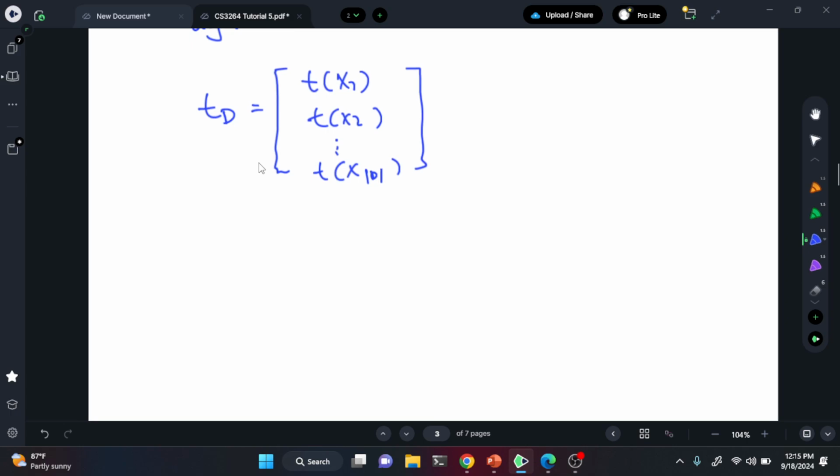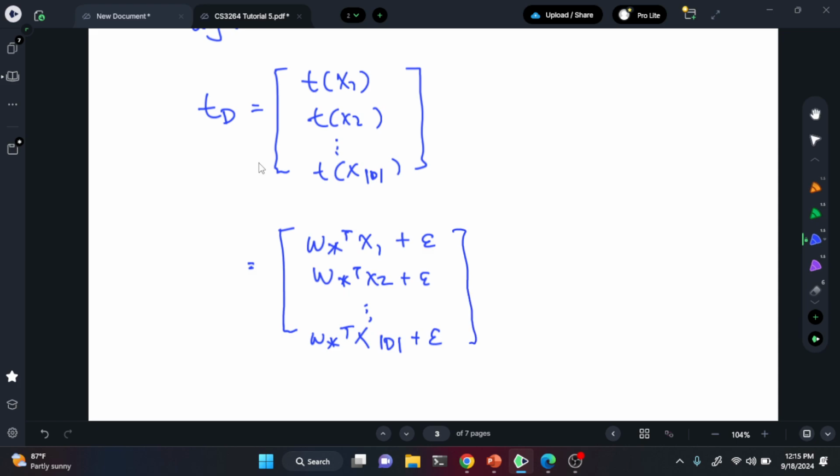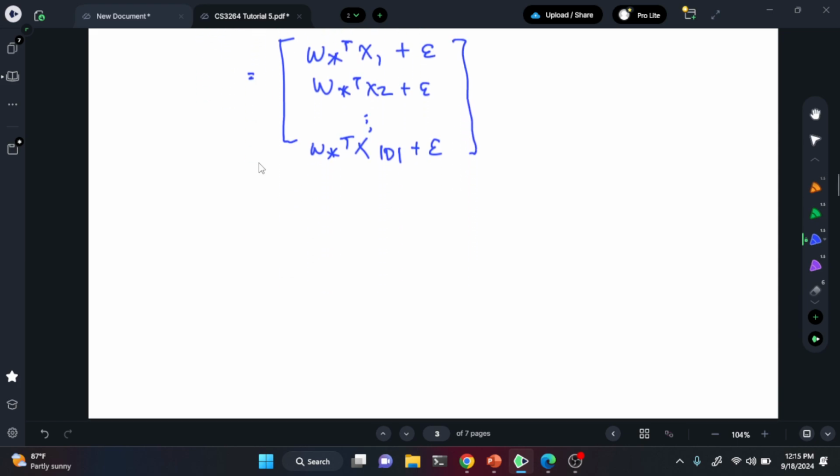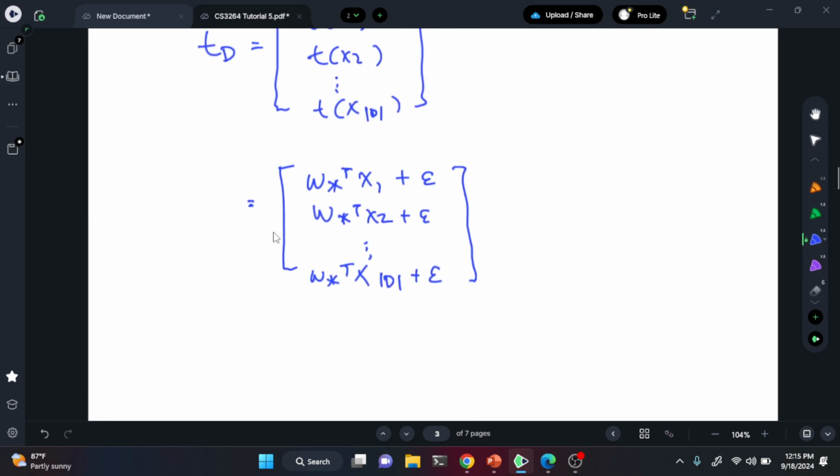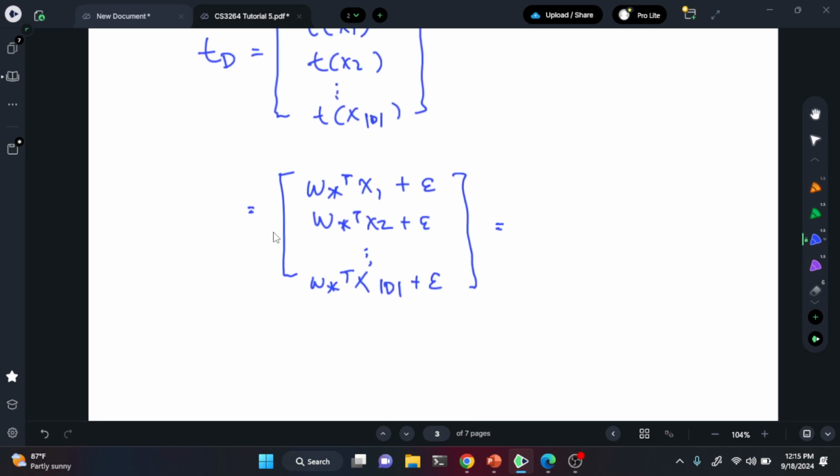Once I have this, I can just decompose them. This part is W star transpose x1 plus epsilon, this is W star transpose x2 plus epsilon, all the way up to W star transpose x of the last possible data instance plus epsilon. To this point, it is a bit clearer that I can separate out the epsilon values.